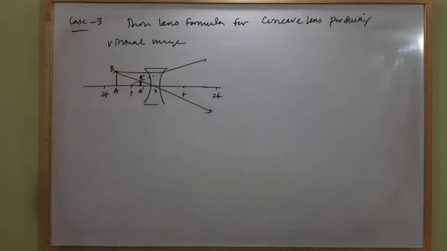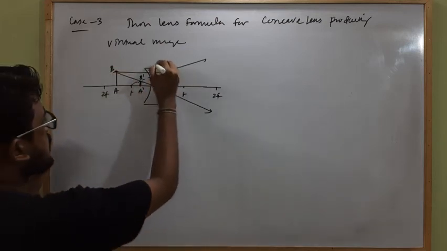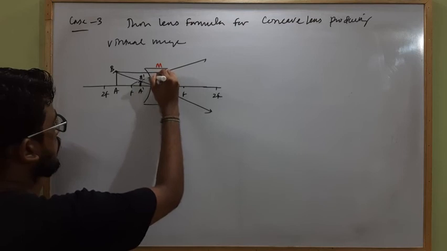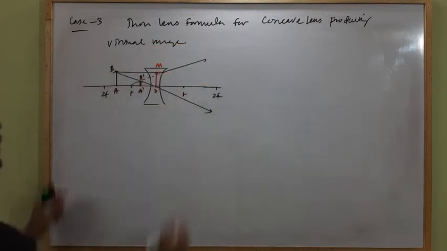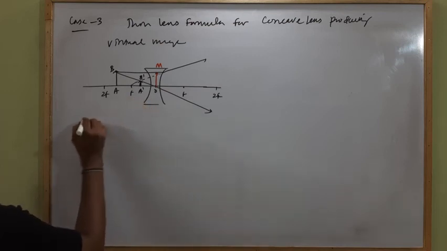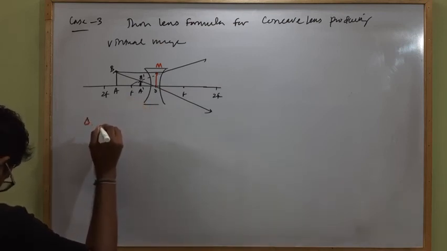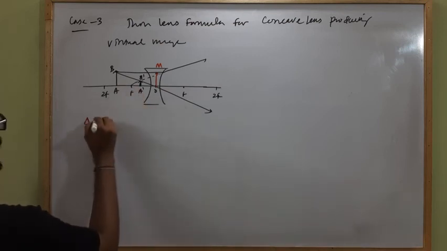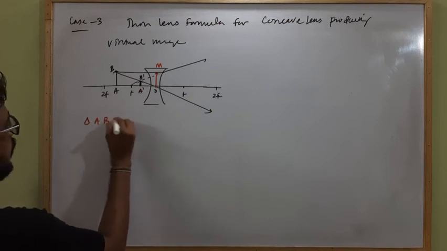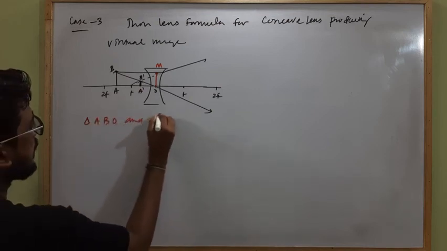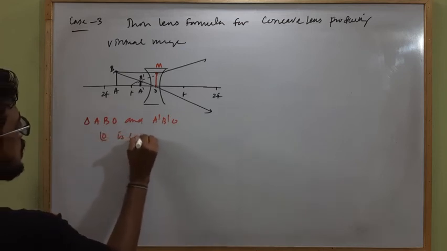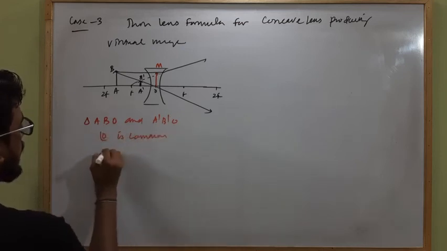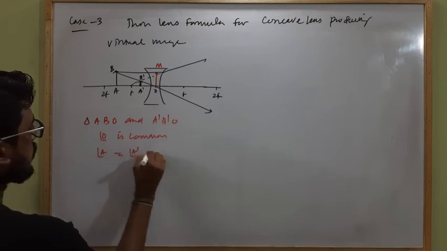Clear? Okay, so now shift this, this will be MO. So this is the parallel object shifted to MO. Clear? So in triangle ABO and A dash B dash O, O is common, and angle A equal to A dash equal to 90.